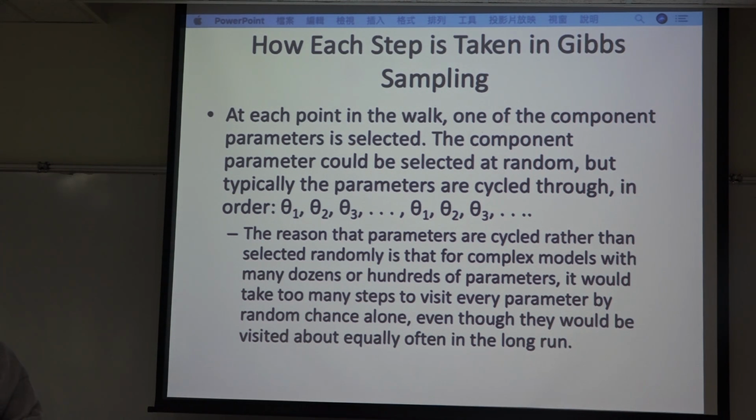But typically the parameters are cycled through in the order of theta 1, theta 2, theta 3, up to theta n, and then again from theta 1, theta 2, theta 3, and so on.